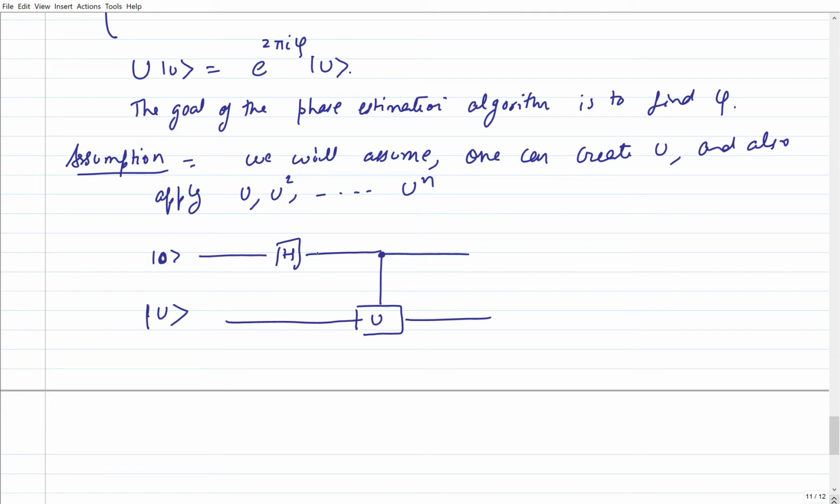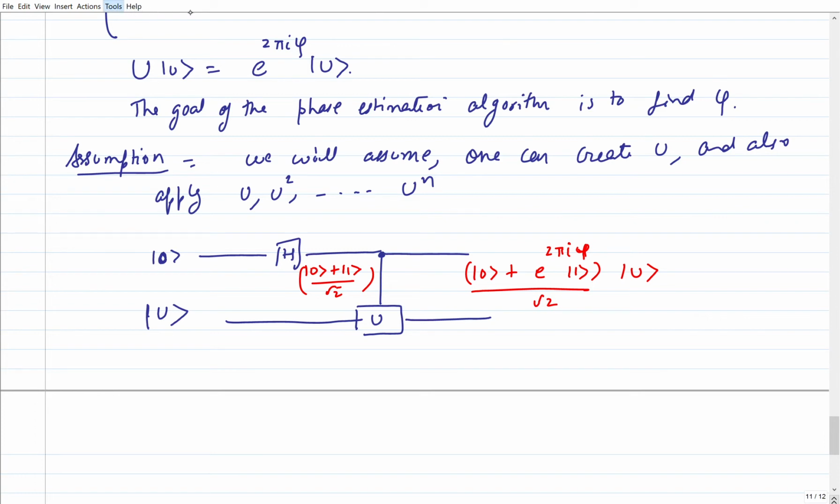The state over here is essentially this guy, and after application of the control unitary I have this guy.